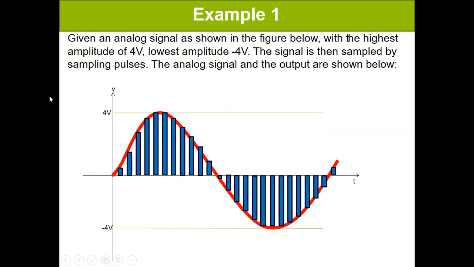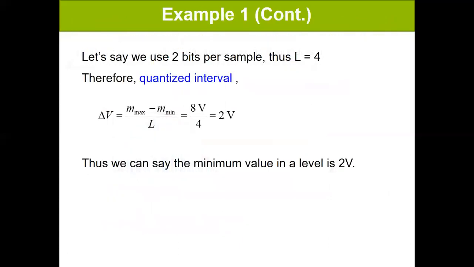So since equal interval, here M max is 4 volt, M min is negative 4 volt. So how many levels will be there, or what is the quantization interval or resolution? M max minus M min, 4 minus negative 4 means 8 volt, divided by 4 is 2 volt. So this is our quantization interval. The minimum value in a level is 2 volt.